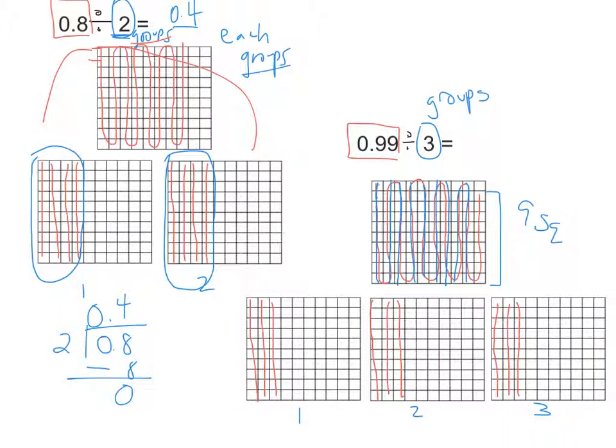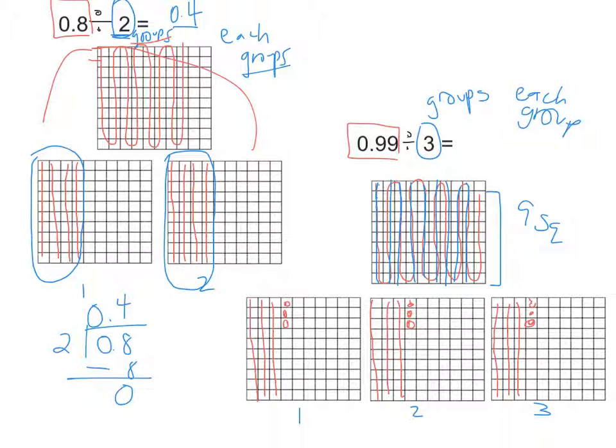So that means that I'm going to have to start giving each grid a square until I run out. So 1 square, 2, 3, 4, 5, 6, 7, 8, 9. And to find my final answer, I need to look and see how much is in just one of my groups.